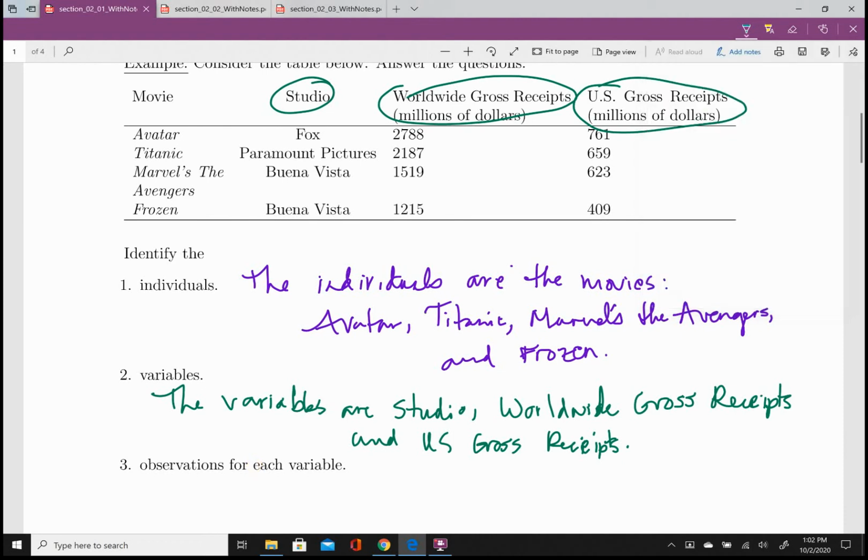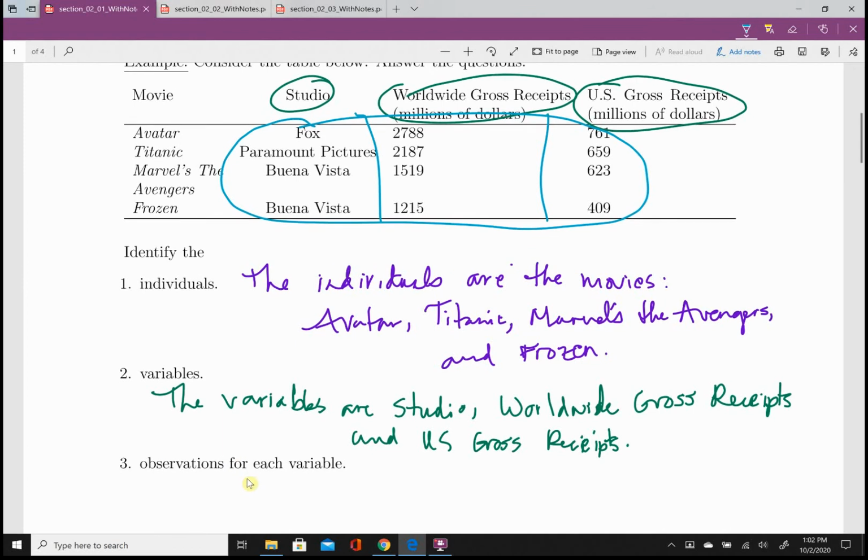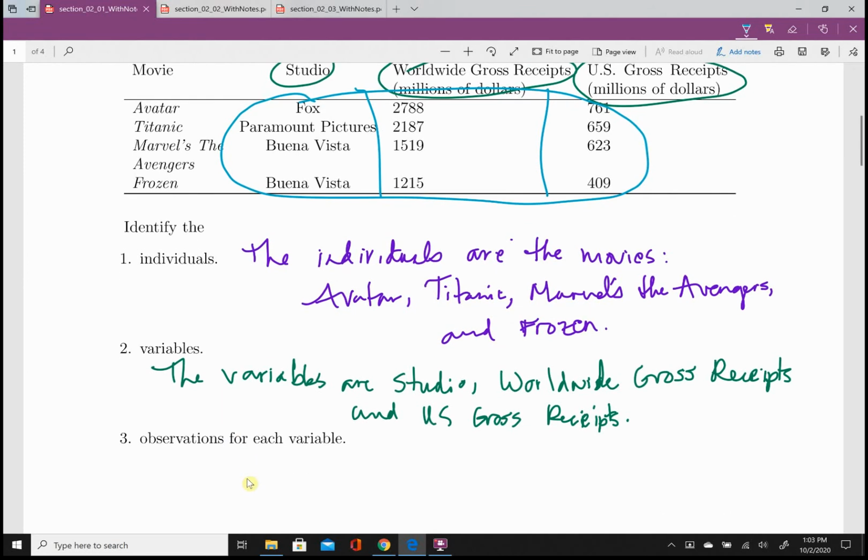So let's get a different color going. So these right here, and separate them into the different piles. These are your different observations for each variable. So for studio, I'm just going to go ahead and point to those ones, just because writing them out would be incredibly cumbersome and time consuming.